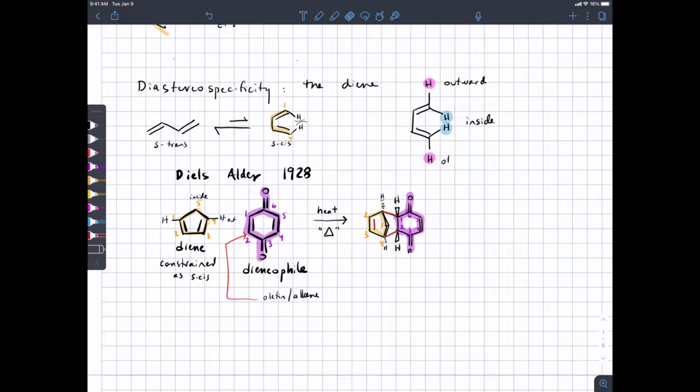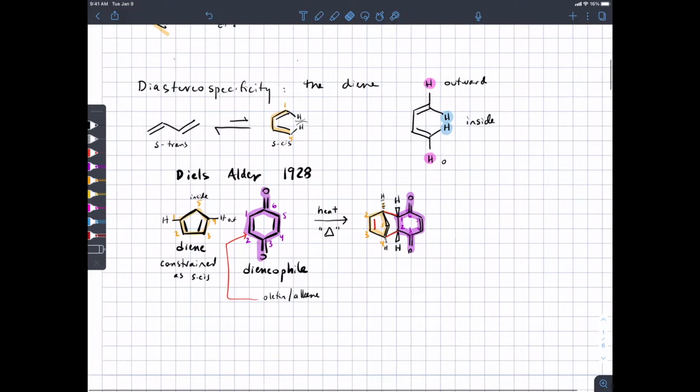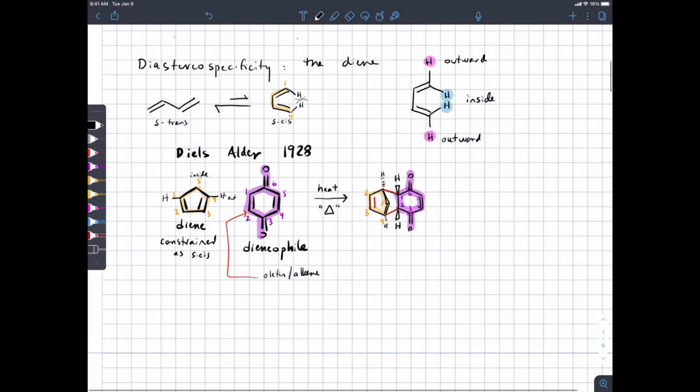And we need to keep that distinction in mind as we think about how the stereochemistry of the diene influences the product of the Diels-Alder reaction.